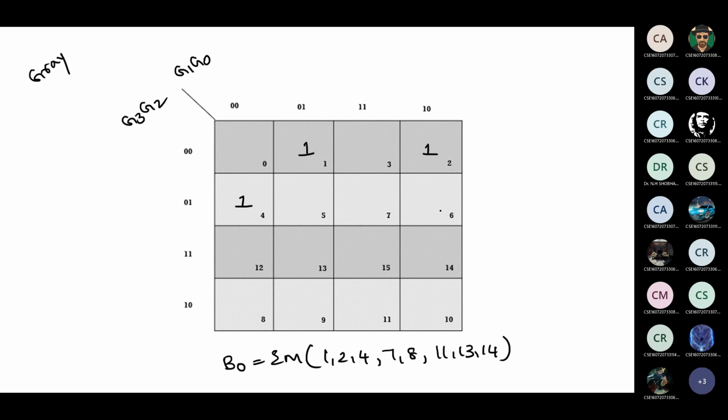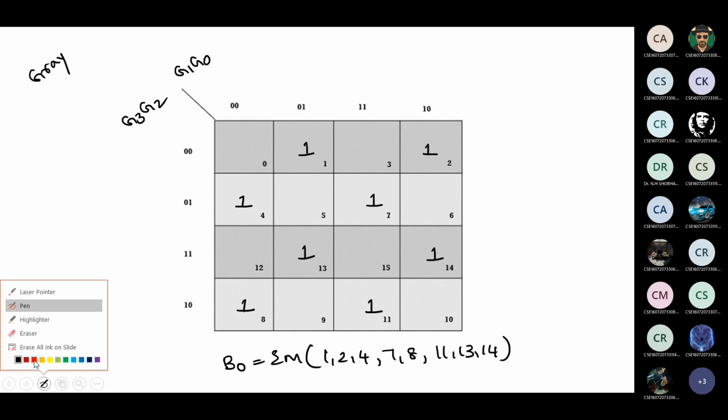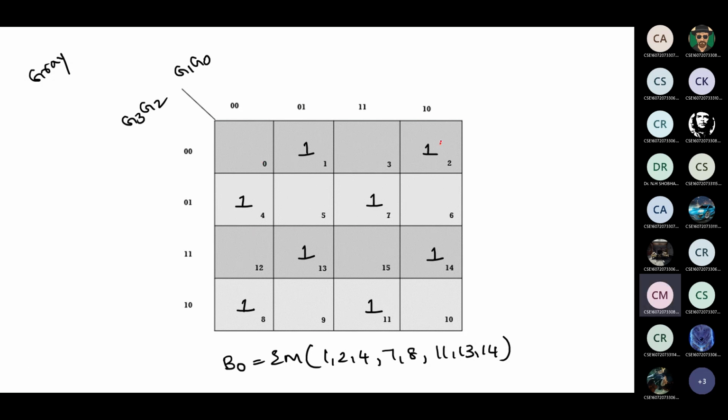How many groupings are possible? How many quads? How many octets? How many pairs? All singles. They're all singles only. Right. Tell me the answer for this.